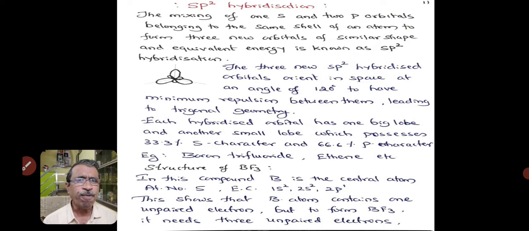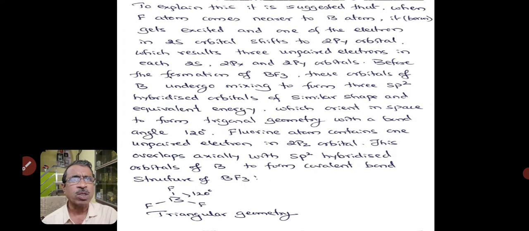In boron trifluoride, boron is the central atom whose atomic number is 5 and electronic configuration is 1s2, 2s2, 2p1. This shows that the boron atom contains 1 unpaired electron in the 2p orbital. But to form boron trifluoride, it needs 3 unpaired electrons.